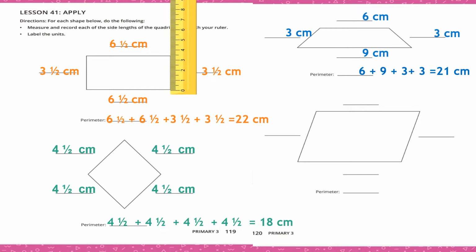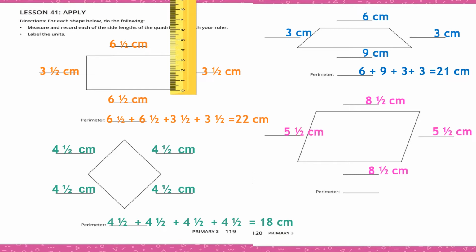The last shape is parallelogram. We know that in a parallelogram, each two opposite sides are parallel and equal. So if this side is 8.5, it means the opposite side will be 8.5.